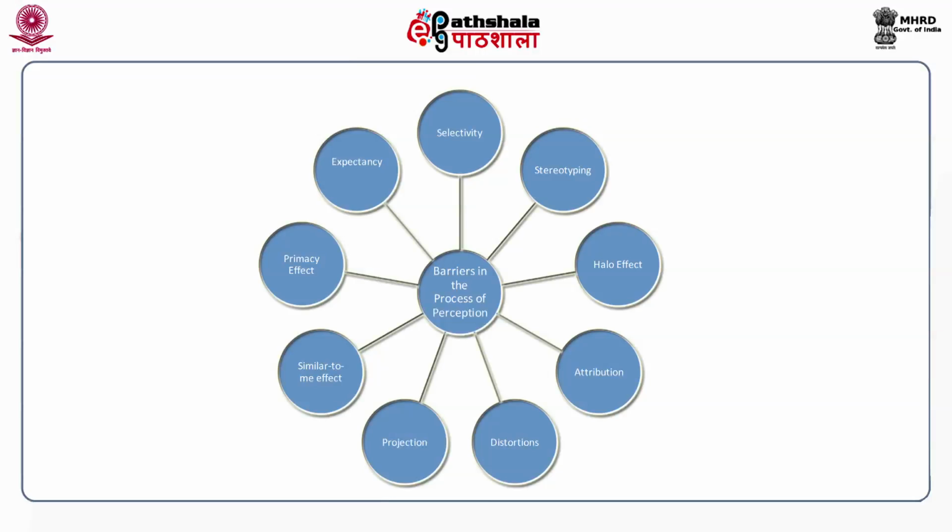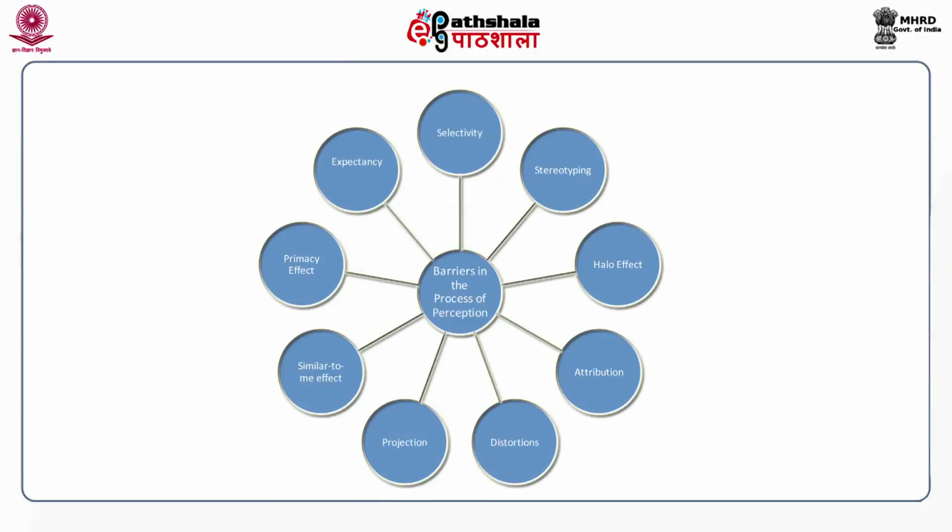His interest helps him to select the stimuli while others get ignored. For example, when we read a newspaper, we get attracted towards only some of the news and ignore the rest. Thus, perceptual selectivity is biased due to certain beliefs, values, attitudes, interests, or needs.